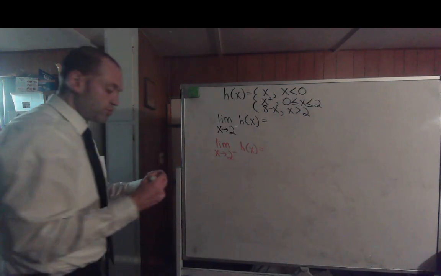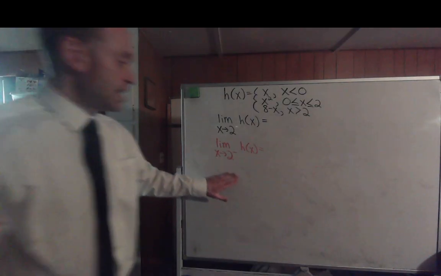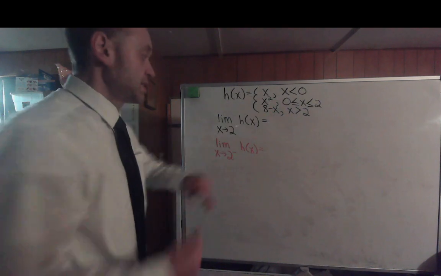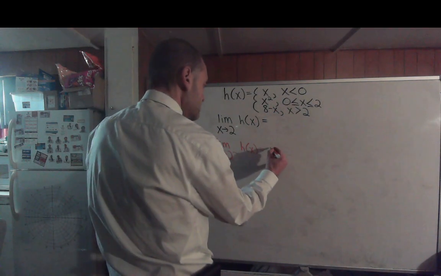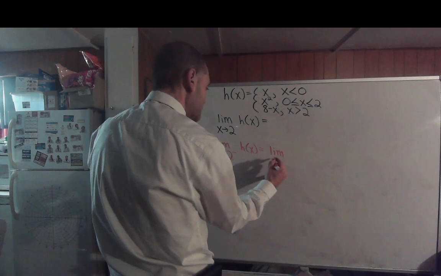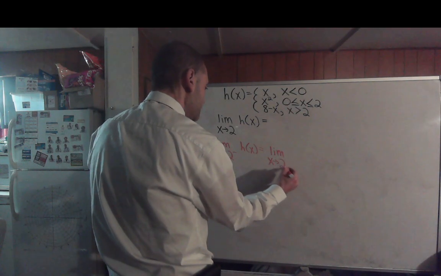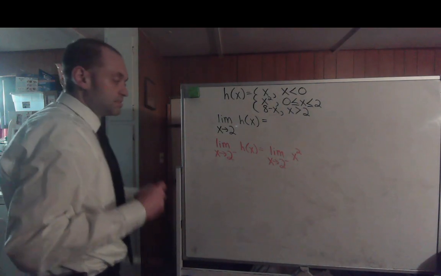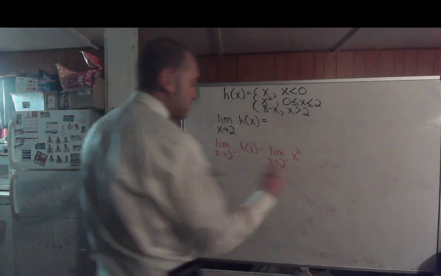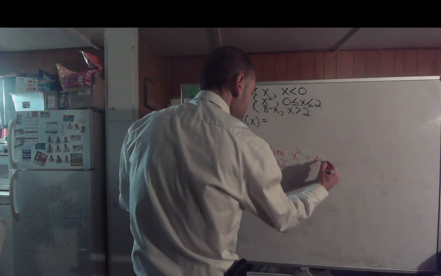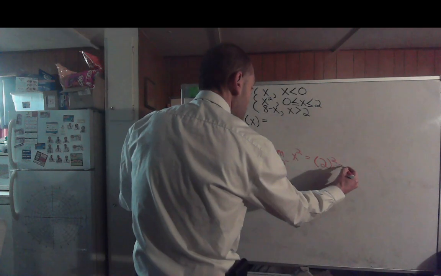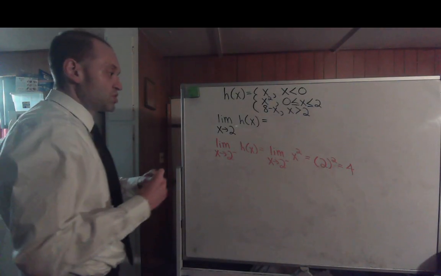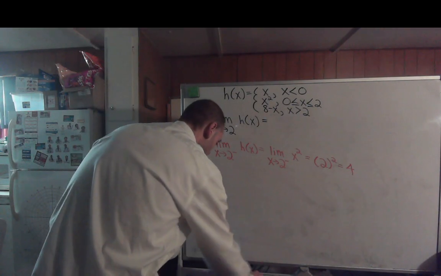If we're approaching 2 from the left, that means x is less than 2. It's going to fall into h of x equals x squared. So this would become the limit as x approaches 2 from the left of x squared. Well, we can substitute that 2 in for x squared. You'll end up getting 2 squared, which would give you the left-handed limit being 4. So we have a left-handed limit of 4.